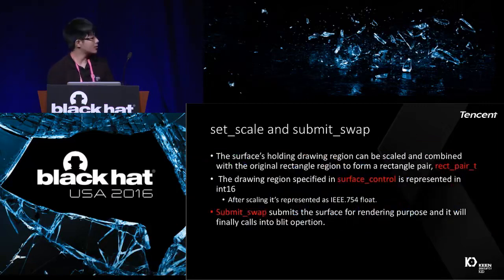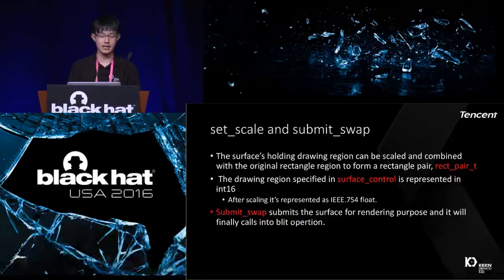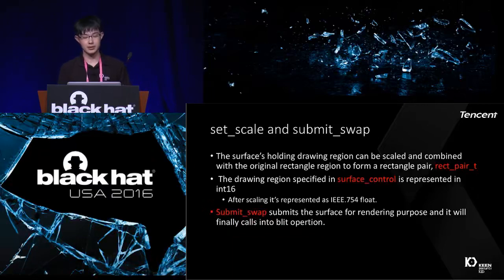I would also like to introduce additional functions in the IO accelerator surface that are relevant to this exploitation. The first one is set scale, and the second one is submit swap. Set scale lets end clients in user space specify a scale factor so that you can scale your window.